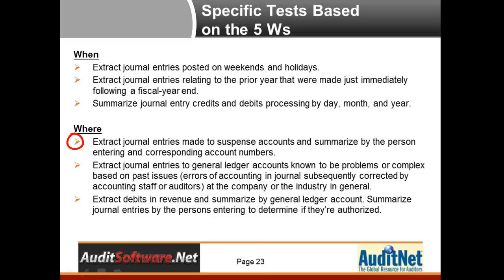That's something where, again, you can usually get a list of those and work off of that list. Extracting journal entries to accounts that are problematic. And then last but not least, the debits and revenue, and taking a look at types of accounts. So that's a when and where that we're going to take a look at here and show you in ACL how you can run some of these tests.